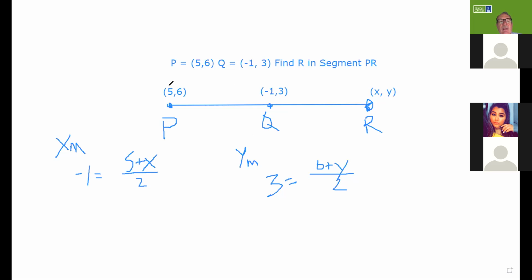How far is it on these X values from 5 to -1? That's -6. So because it's a midpoint, I've got to move the same distance to get to the other endpoint. It has to be the same or it's not in the middle. So if I go from -1, -6 more, should be -7.